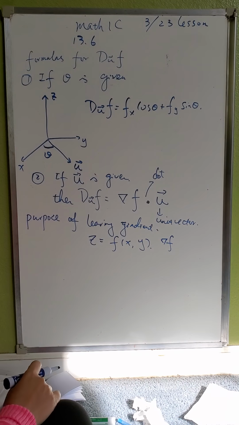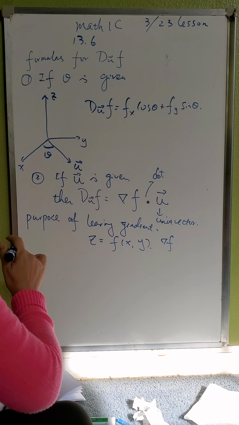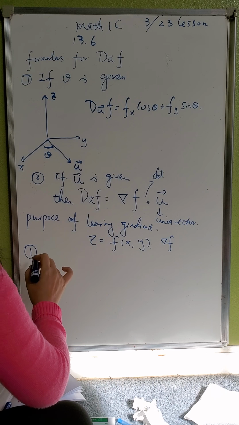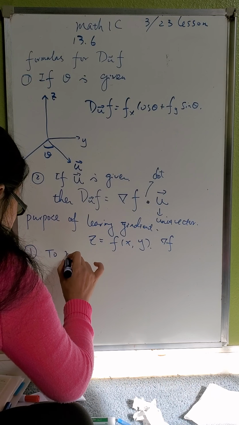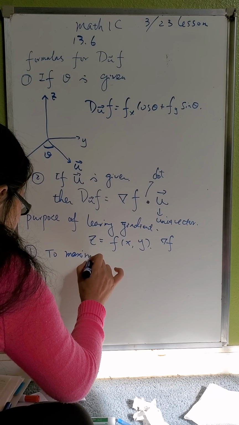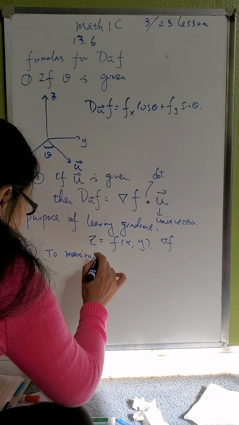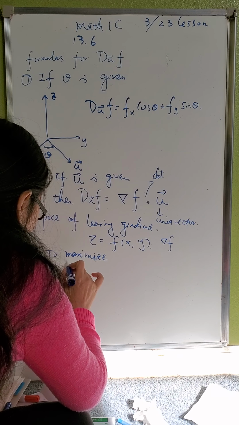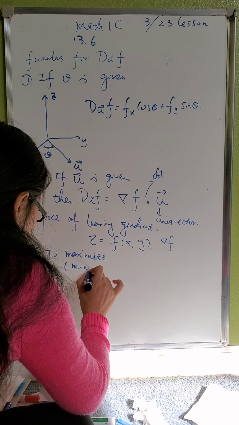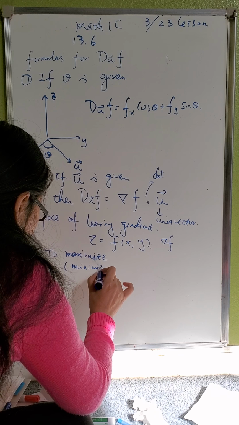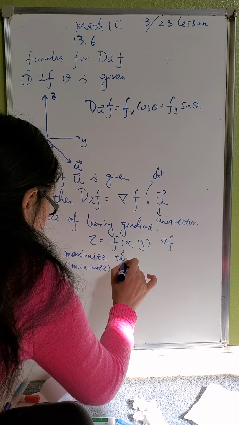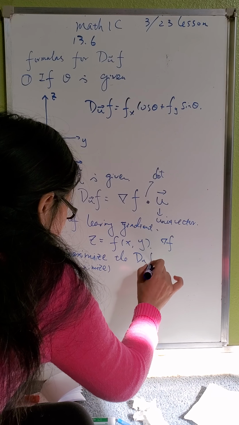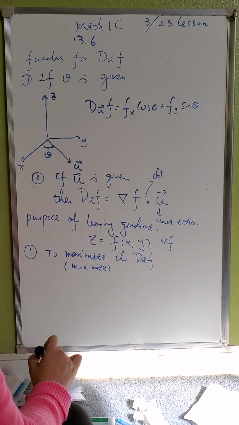So what's the purpose of learning this gradient? The first purpose is to maximize or minimize the directional derivative in the direction of u, okay?